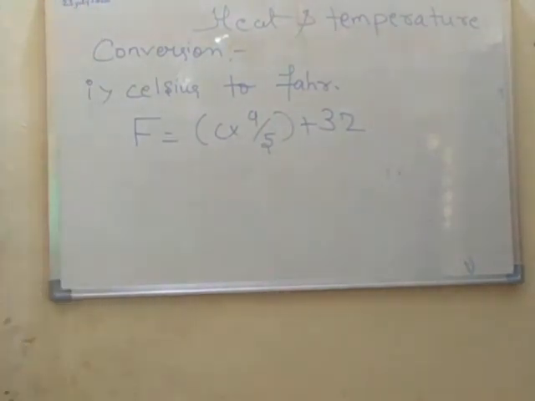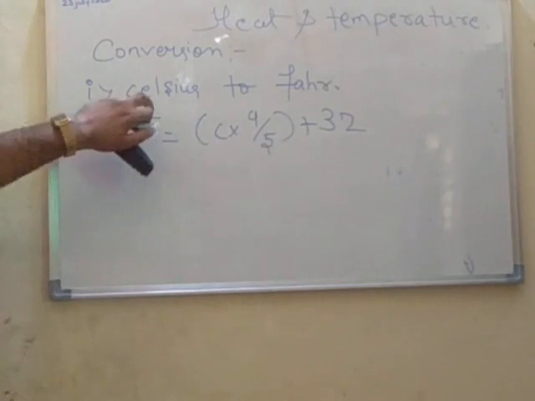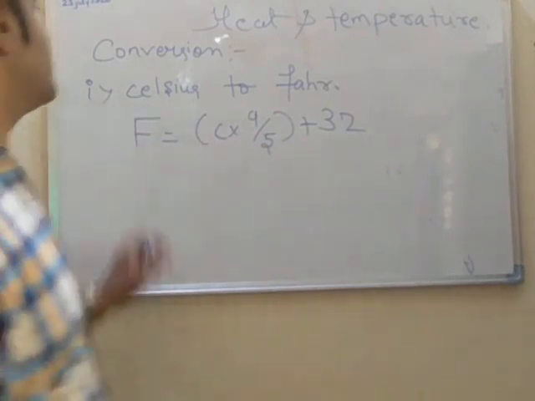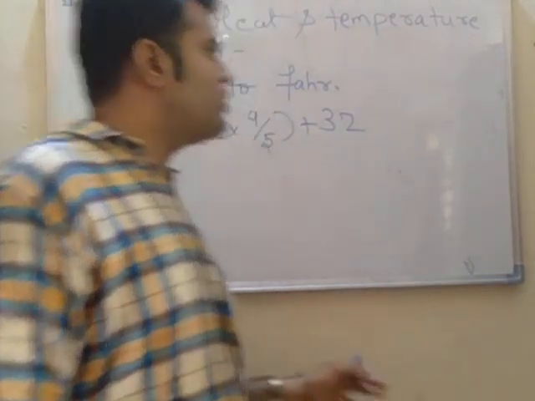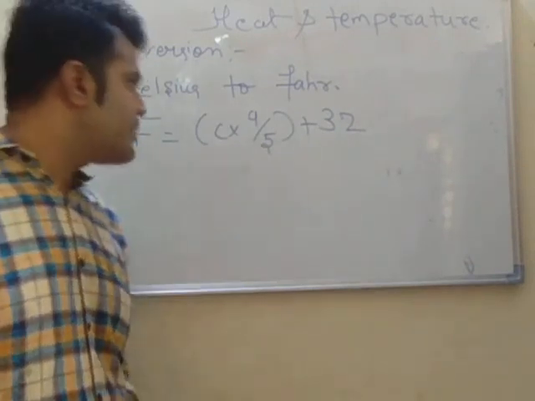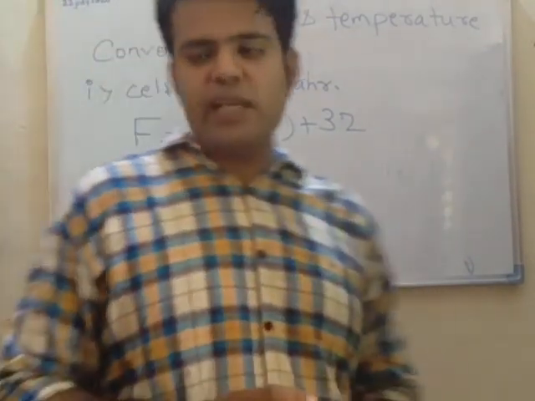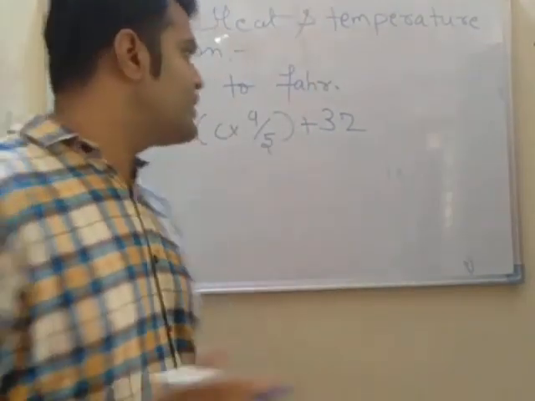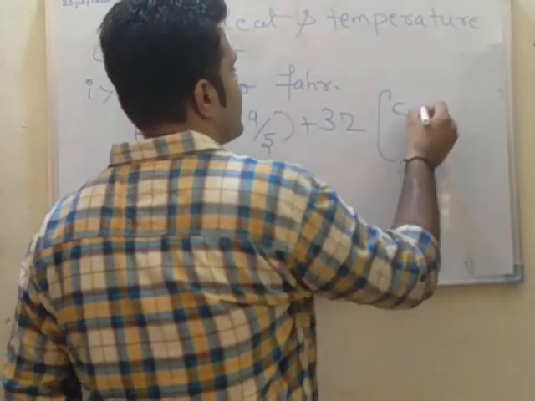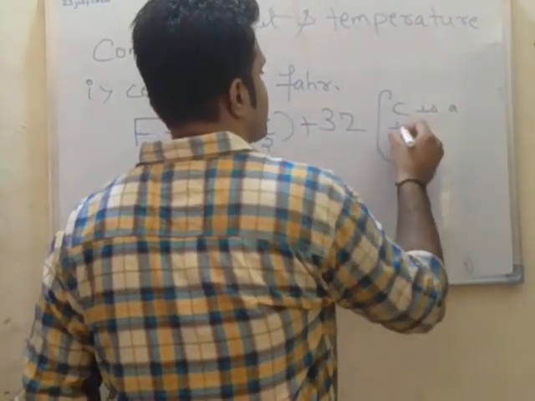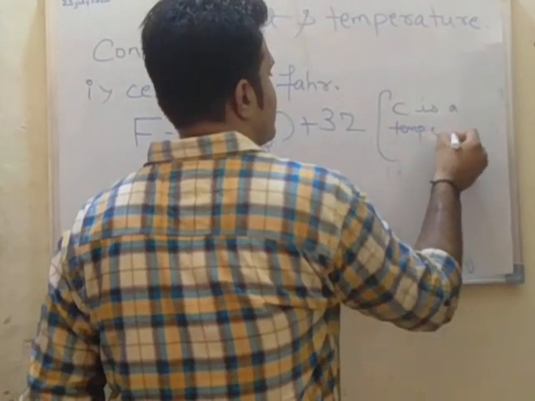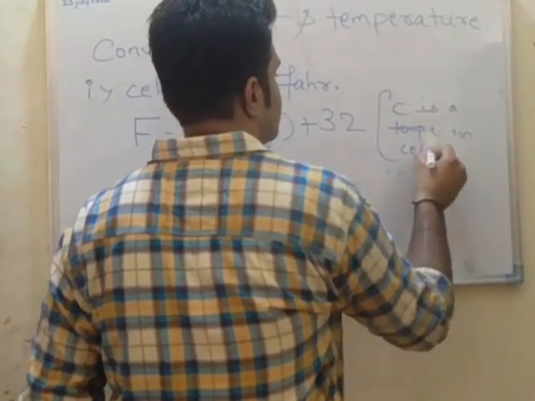Once again, what is the formula for conversion of Celsius to Fahrenheit? F equals the given temperature C into 9 by 5 plus 32. What is C? C is the temperature in Celsius.